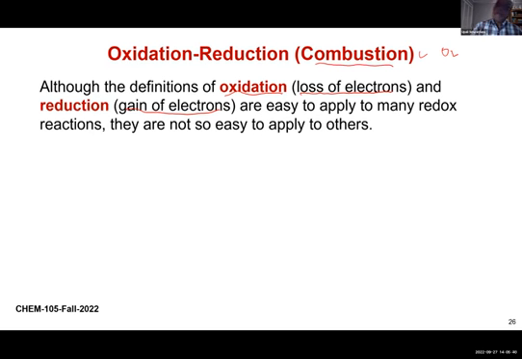The idea about oxidation and reduction is not easy to apply for combustion reactions.